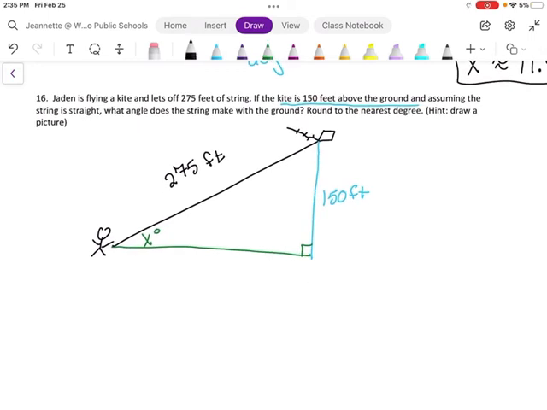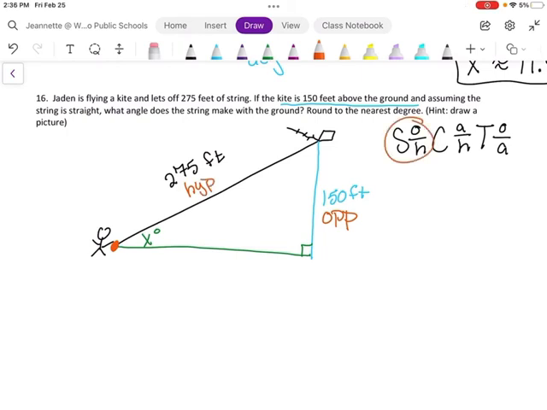So again, we have side lengths and we're looking for an angle. We're going to need our SOHCAHTOA. And looking from this angle that we're looking for, we have our opposite side and we have our hypotenuse. We're going to be using sine. Setting up our equation, we're going to have sine of x equals our fraction of 150 over 275.